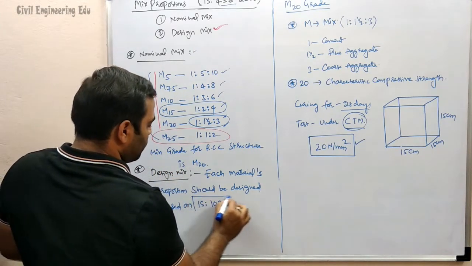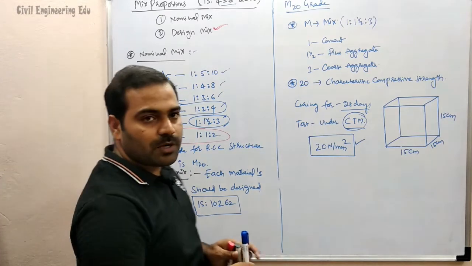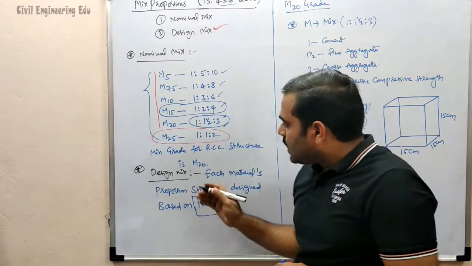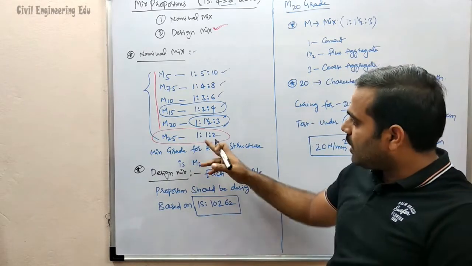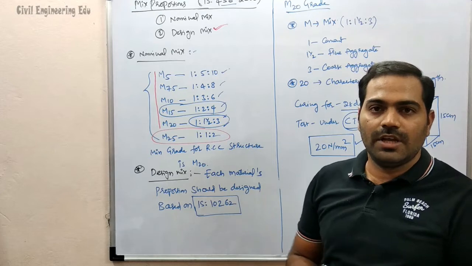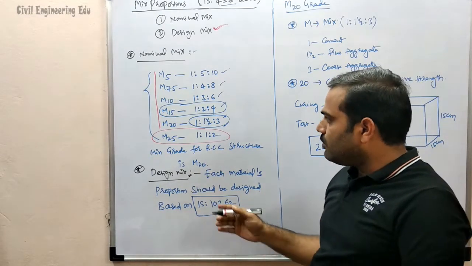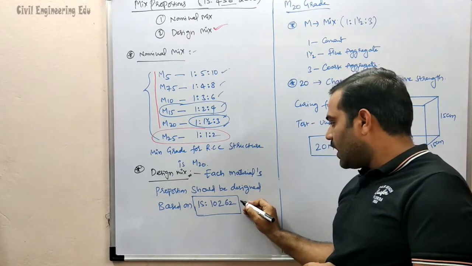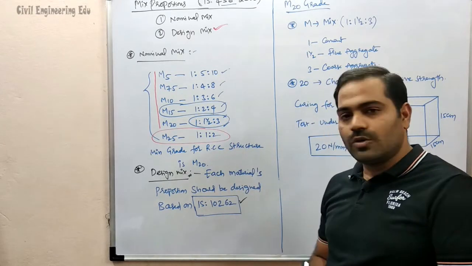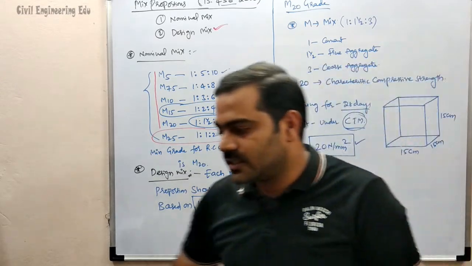So this is the important code book which is used for design mix purpose. So for grades of concrete greater than M20, that means from M25 onwards, we need to do design mix of concrete. We should decide the mix proportions based on design mix only as per IS 10262 code book. So these are the general nominal and design mixes.